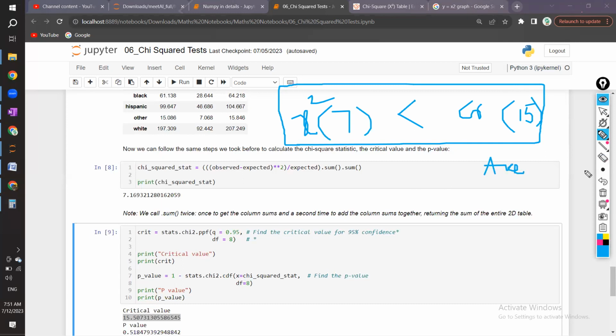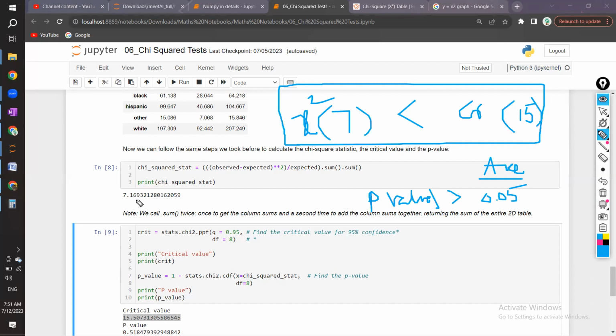Looking at it the other way around, if we are accepting the null hypothesis, what will the p-value be, guys? Can you guess? Will it be less than alpha or greater than alpha? Alpha is 0.05. So the p-value will be greater than 0.05.